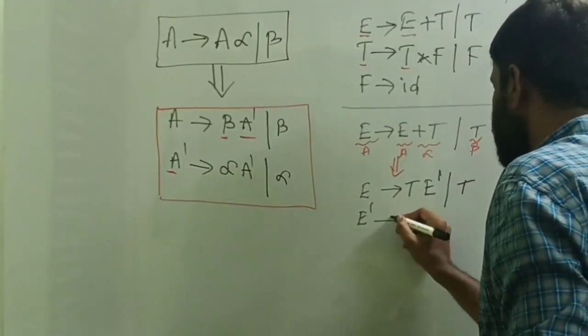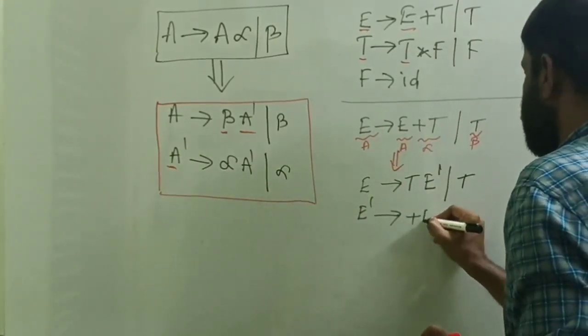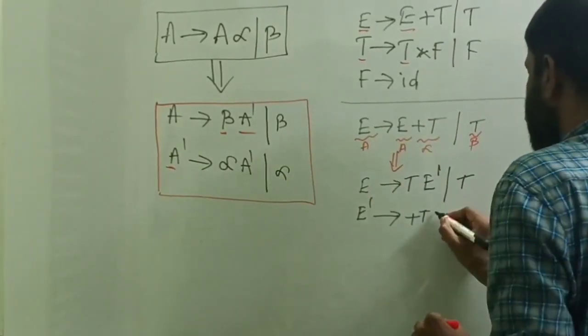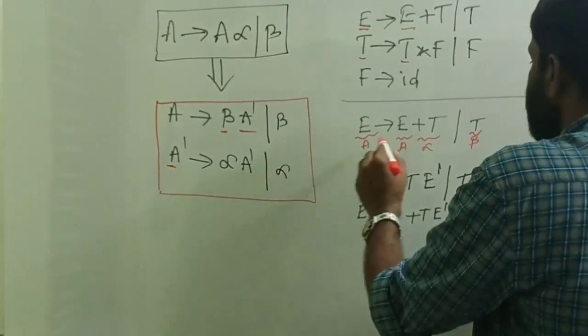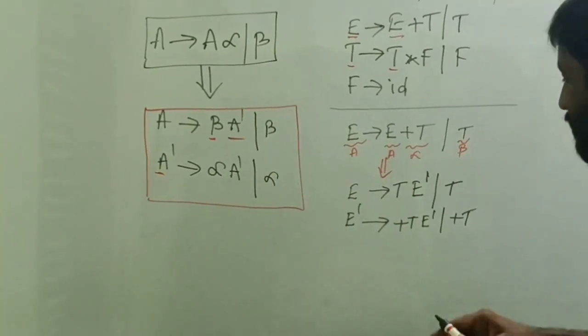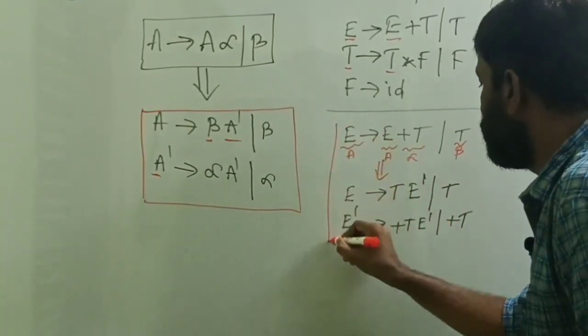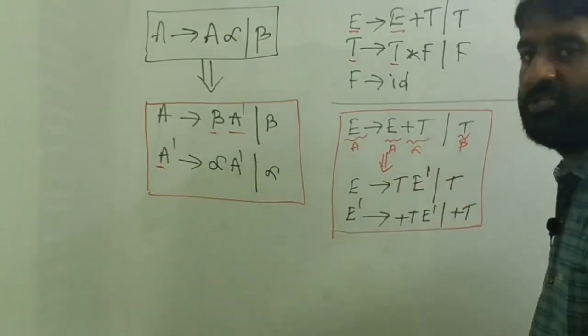So E tends to T E dash. Now E dash tends to alpha E dash, where the alpha part is plus T, then slash alpha, where alpha is plus T. This is how we convert this production which has left recursion into a non-left recursive grammar.